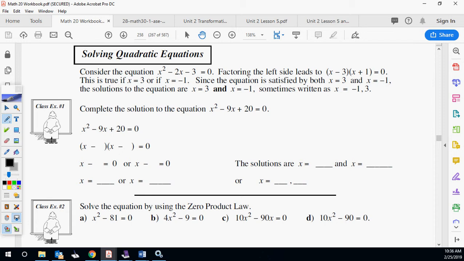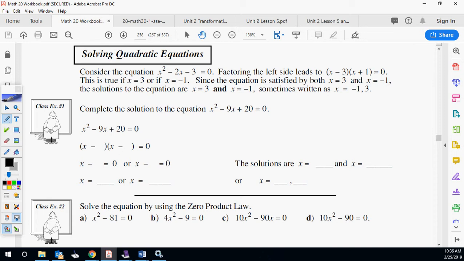Factoring the left side equals (x minus 3)(x plus 1). This is true if x is 3 and x is -1 for your solution. So remember, x minus 3, so it needs a +3. x plus 1, we need a -1. The solution to that equation is 3 and -1. I don't know if this does it justice, but this is how you can write it here, or like I said, with a comma. You can write it either way in terms of your solutions.